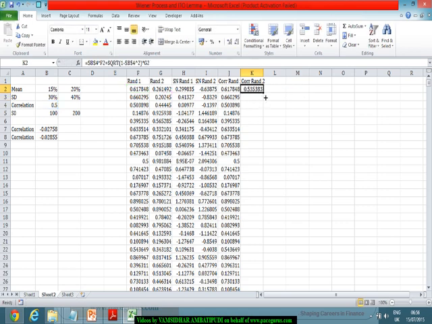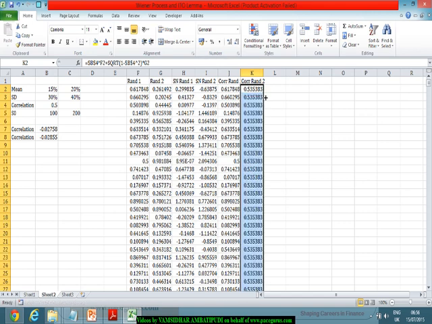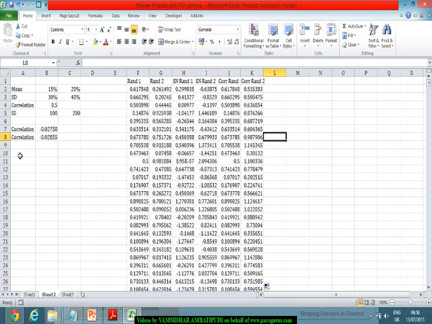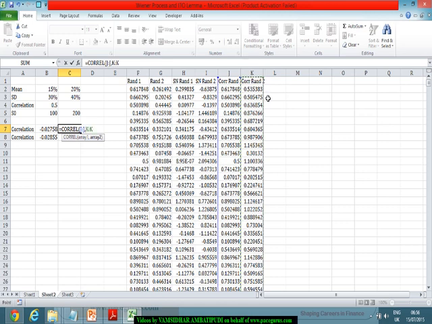Now look at the kind of correlation that exists between these two random variables that we have generated. If I look at the correlation between this and this, it is coming close to 0.5. So artificially I have generated two random numbers which have a correlation of close to 0.5 between them.